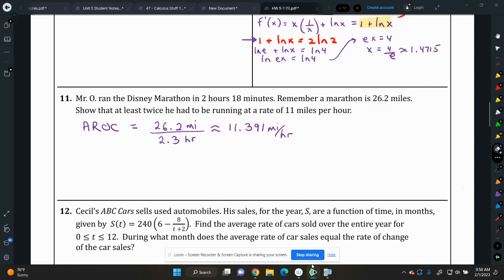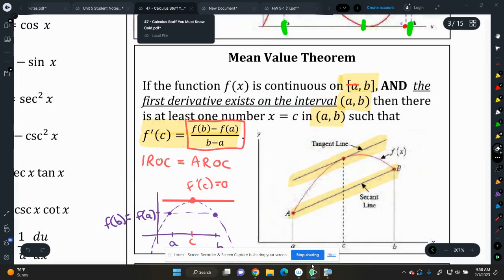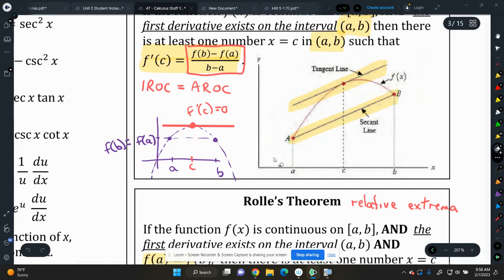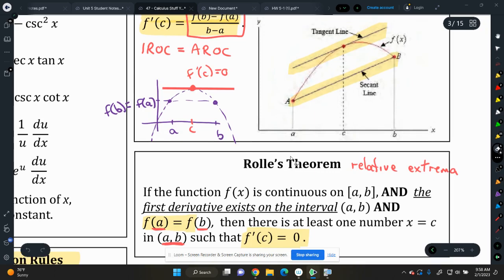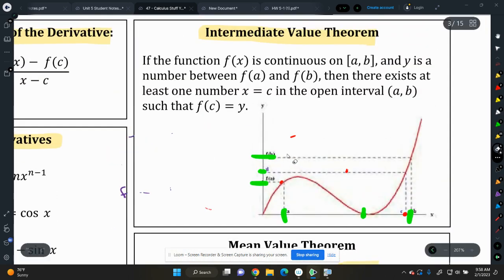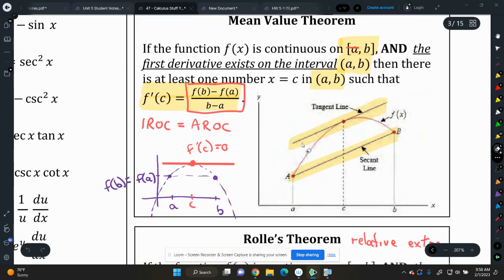So let's think about the theorems that we know. What do our theorems tell us? Do you also use Rolle's theorem on this, or no? Which one is it, the mean value or Rolle's? Because at 2 points, if they're running the same exact rate, that's the key right there.